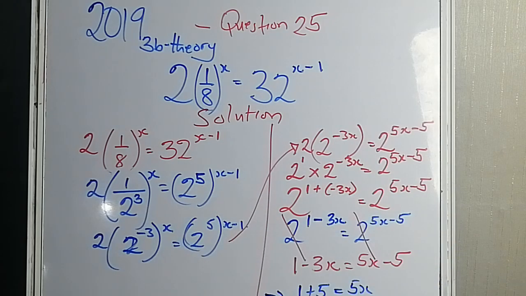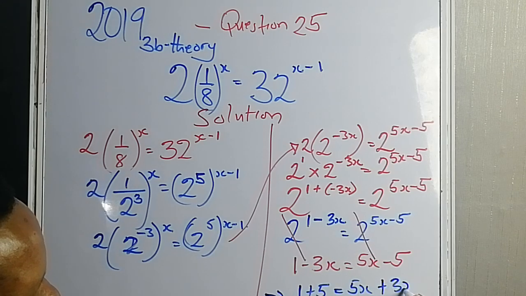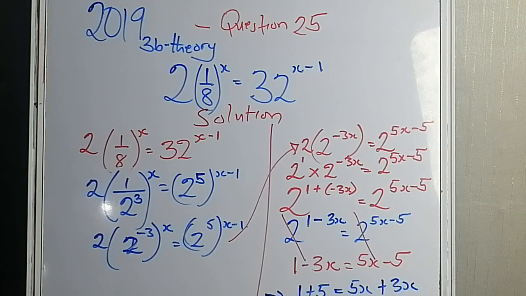I've told you anything on the right hand side is the owner of the sign. The owner of this minus is 3x, because 3 is on the right hand side. So this minus 3x is crossing the equal sign, it will change to positive, that's plus 3x. It's as simple as that. 1 plus 5 is 6. 5 plus 3 is 8x.